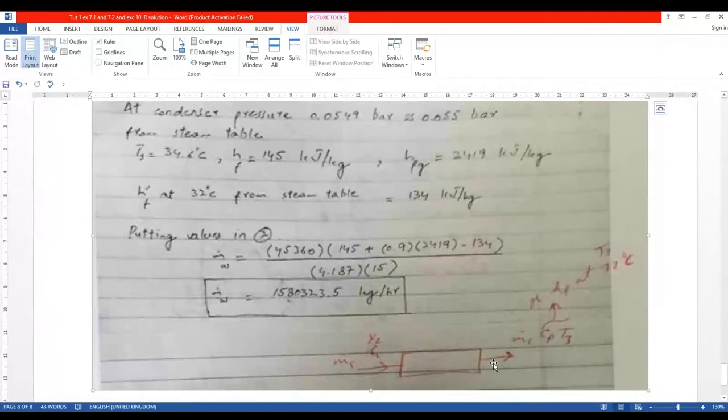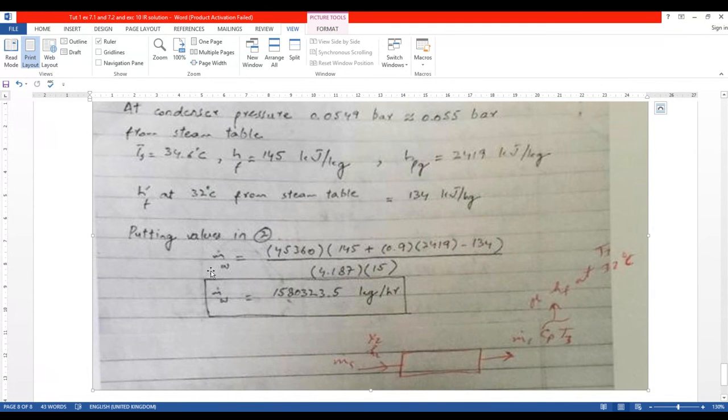So the enthalpy of the saturated water leaving the condenser means HF at the temperature 32 degrees centigrade, which is the leaving temperature of the water. So from the steam table, again, we can find HF at 32 degrees centigrade, which is 134 kilojoule per kilogram.